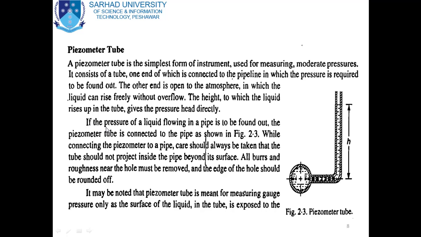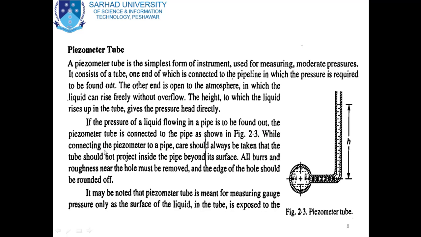If the pressure of the liquid flowing in a pipe is to be found out, the piezometer tube is connected to the pipe as shown in figure 2.3. As you can see in figure 2.3, for example, in this pipe the pressure head is to be found out, so a piezometer tube which is L shape is connected to the pipe as shown in the figure.